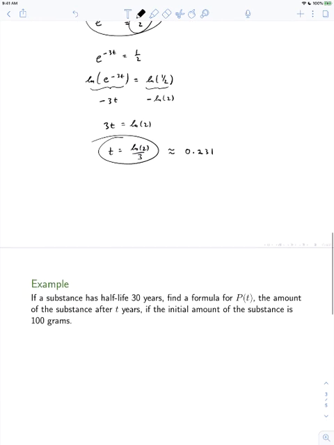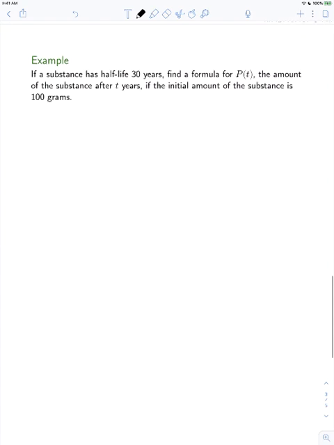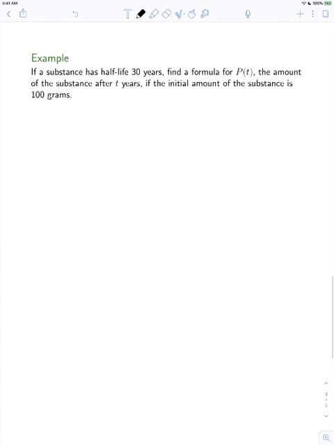Let's look at another example. This is another example involving half-life. If a substance has a half-life of 30 years, find a formula for P of t, the amount of the substance after t years, if the initial amount of the substance is 100 grams. So what we know now is we know the half-life. We know what the formula is going to look like.